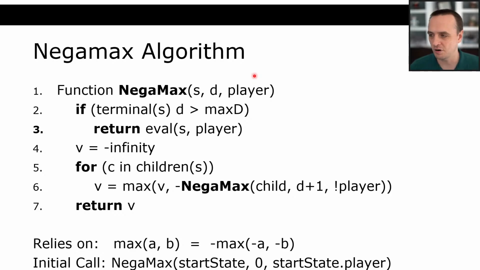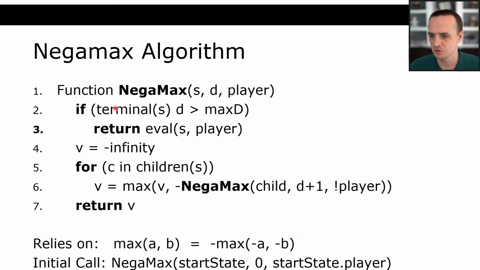So what some person figured out a long time ago was that the max of A and B is equivalent to the negative max of negative A and negative B. So you can use that fact to get rid of the if statement, essentially.